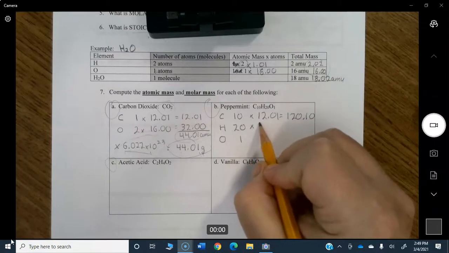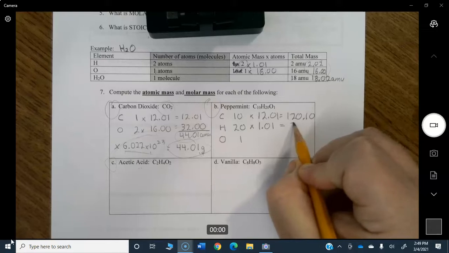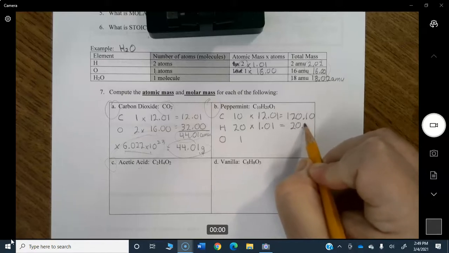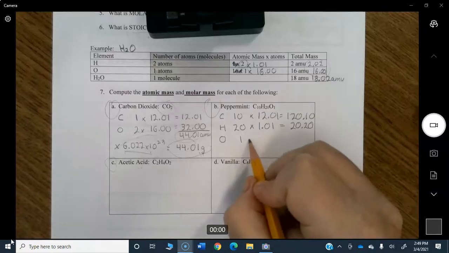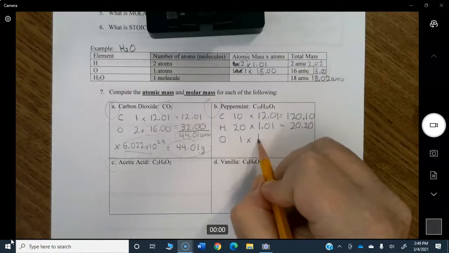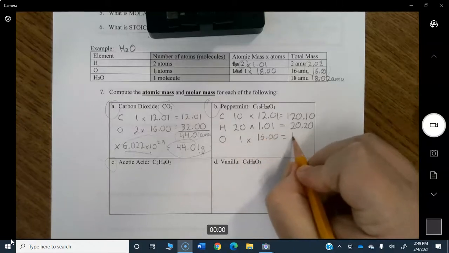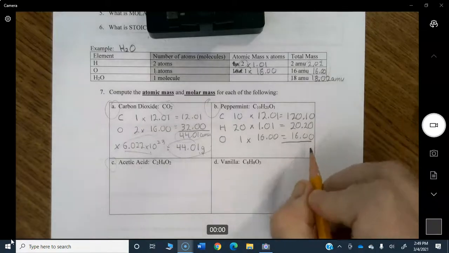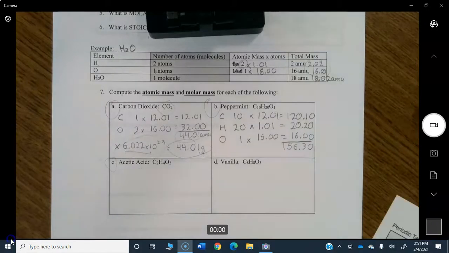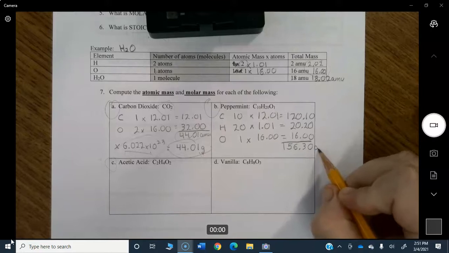For the hydrogen, it's 20 times 1.01, and that's going to equal 20.20. And for oxygen, it's going to be times 16.00, and that's going to equal 16. And when you add this up, that gives us 156.30 atomic mass units for a single molecule of peppermint.